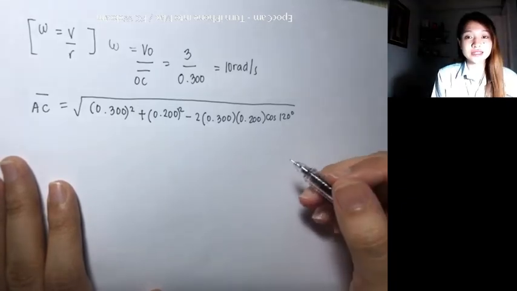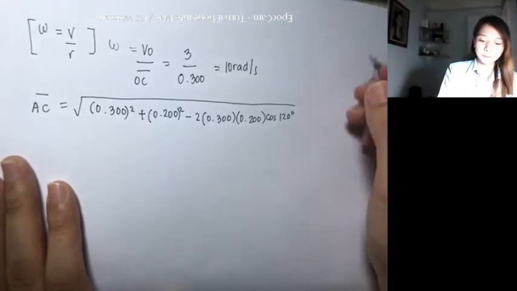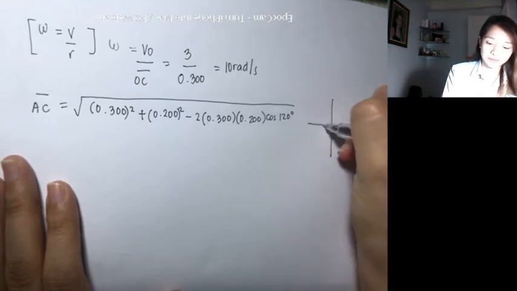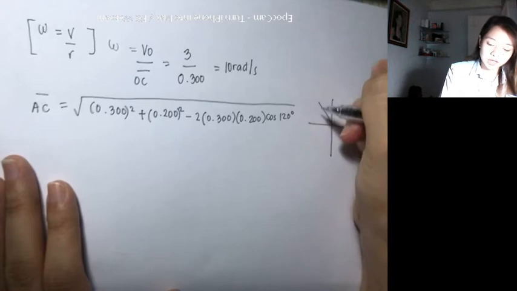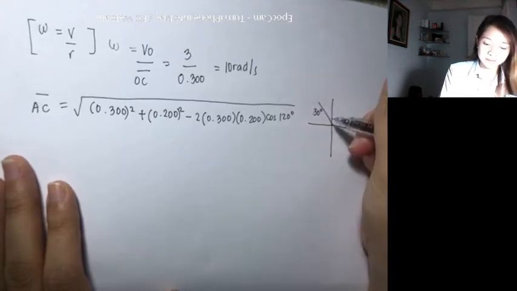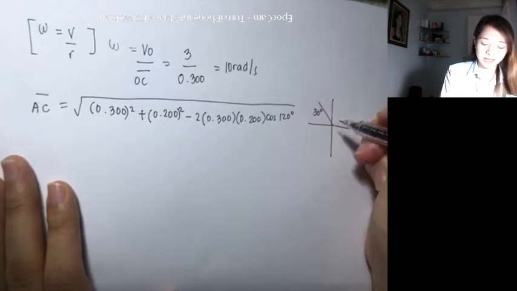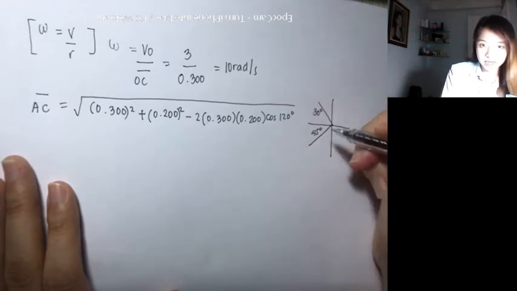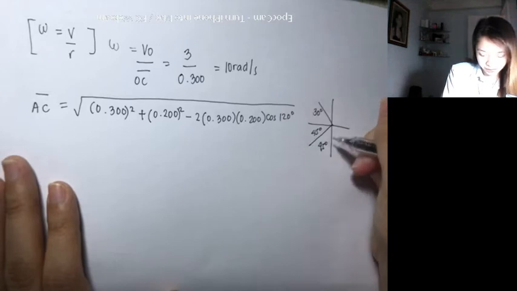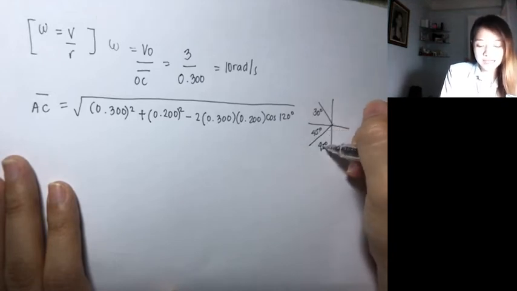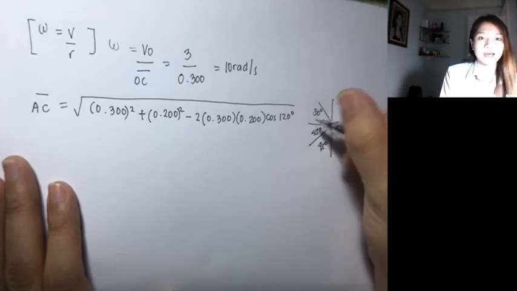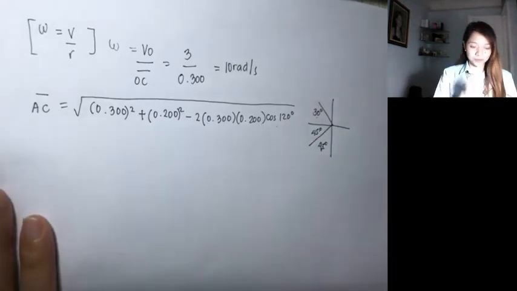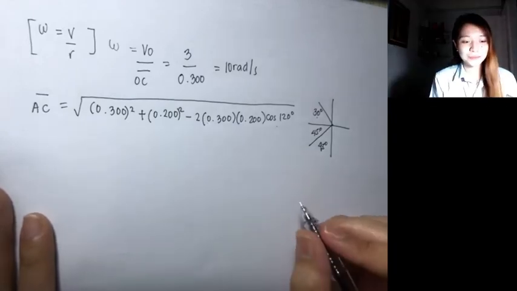We have the existing angle of 30 degrees. If we remember the unit circle, why is it 120 degrees? It is simply because we have 45 degrees here and another 45 degrees. So 45 plus 45 is 90, plus 30, we have 120 degrees. This is basically just using the distance formula, if we can remember.